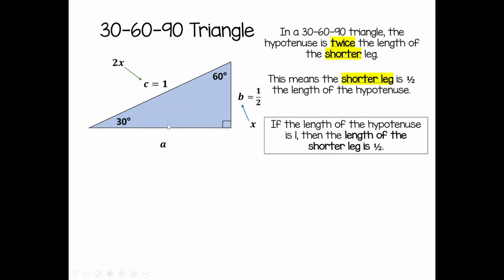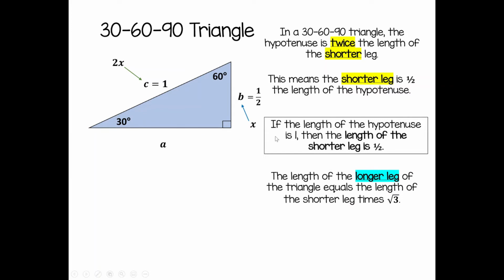So now how do we find the length of this leg down here, A? Well, the length of the longer leg of the triangle equals the length of the shorter leg times the square root of 3, which means the length of this leg is going to be the value of B times the square root of 3. So this is how all of the lengths of the 30, 60, 90 triangle are related.